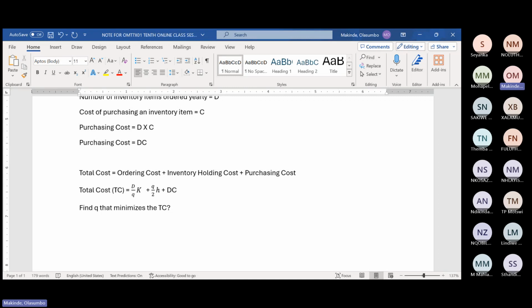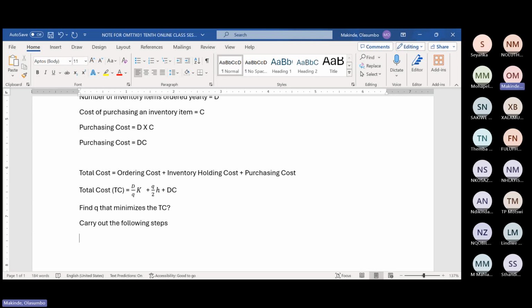It means that you need to differentiate the total cost with respect to Q, so that I can check through that experiment. Anytime you want to do this kind of experiment, carry out the following steps. If you want to find Q that minimizes TC, the following steps.